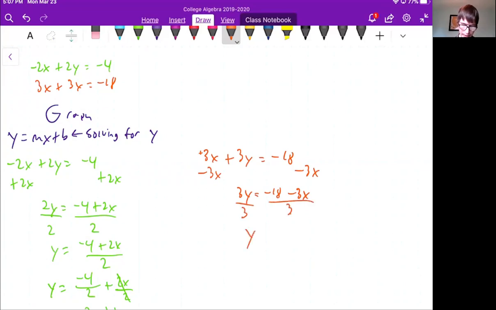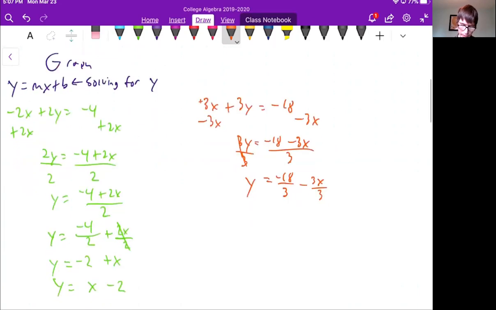The 3's cancel out to make 1. So it gives us y equals -18 minus 3x divided by 3. We'll split that up into two fractions again: -18 over 3 minus 3x over 3. So -18 divided by 3 is negative, and 18 divided by 3 is 6.